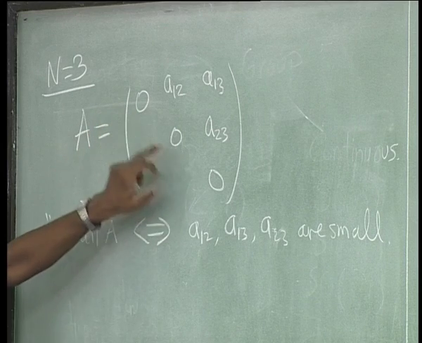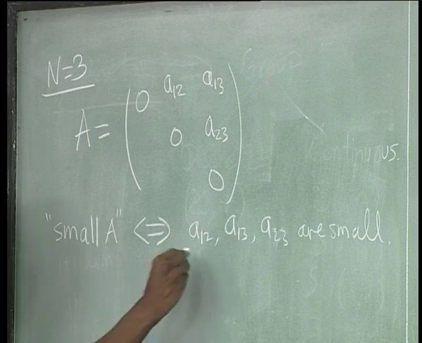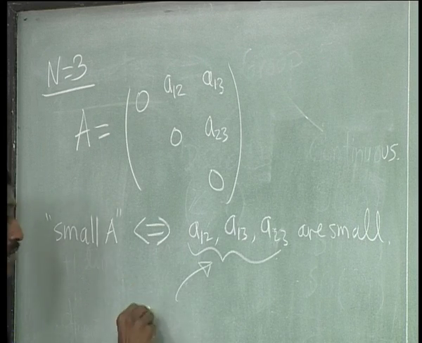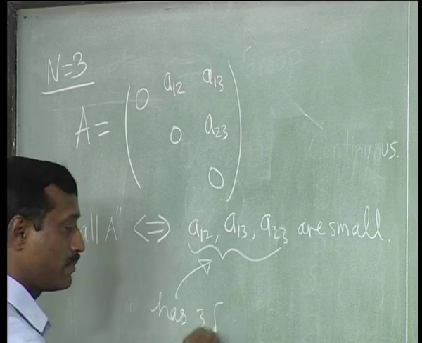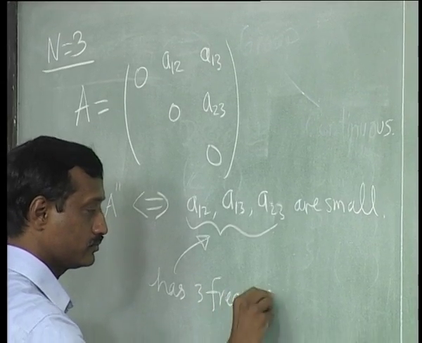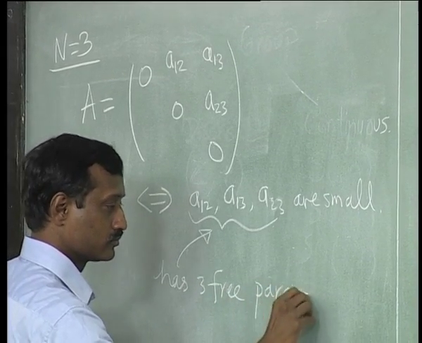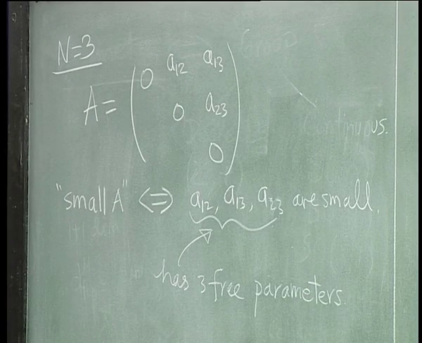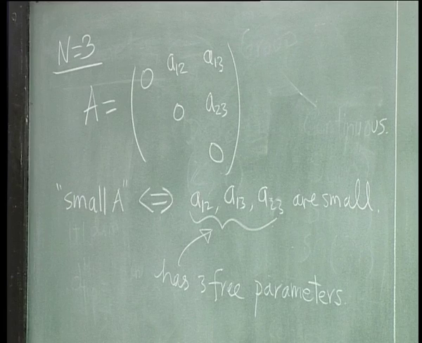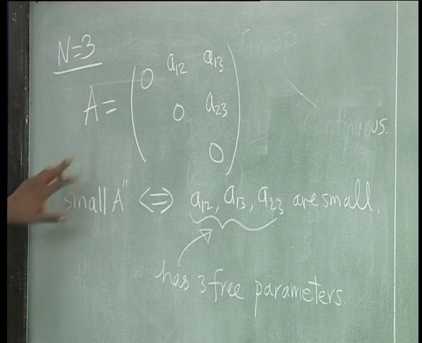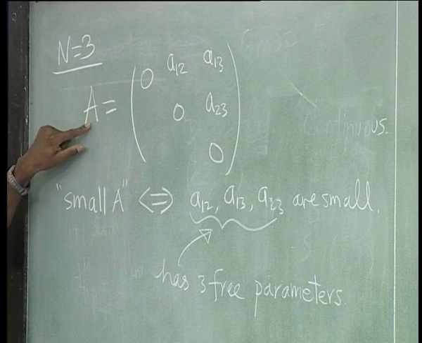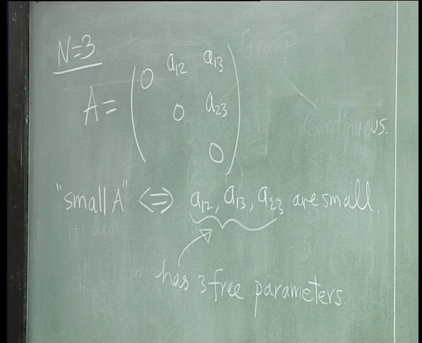Okay. Or in terms of this, so such a symmetry has 3 free parameters, which are clearly independent of each other. Okay. And in fact, another nice way of thinking about this is the space of A's forms a linear vector space.